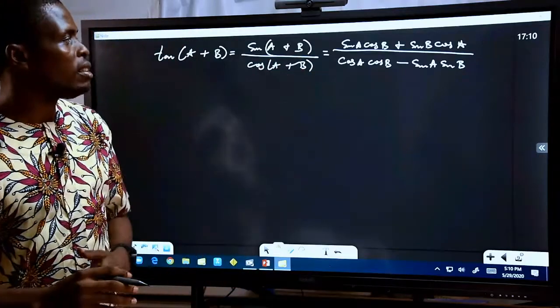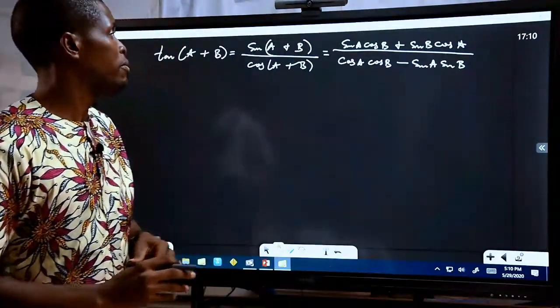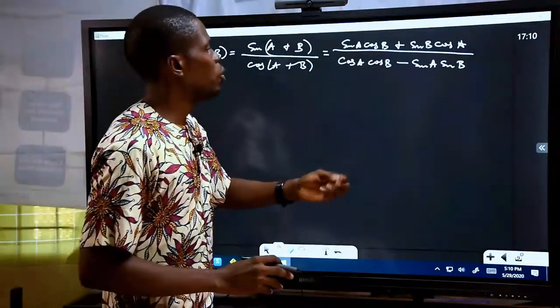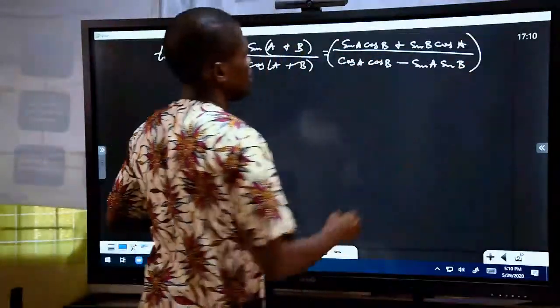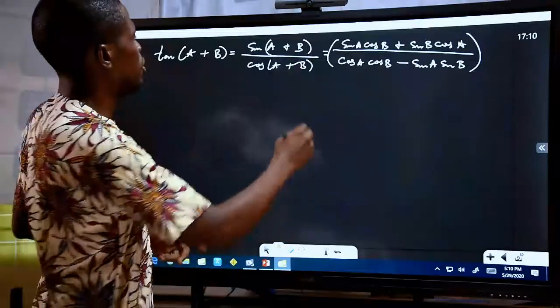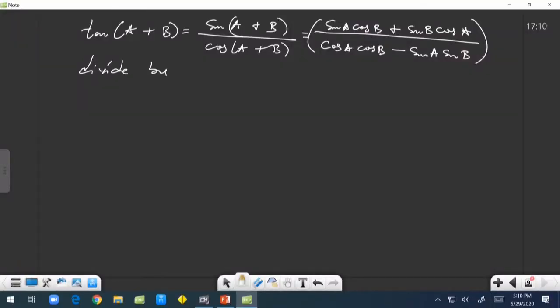But we can't leave the expression in that form. We have to simplify further. For us to do that, we divide the entire expression by cos A cos B. Let's see what it will give.